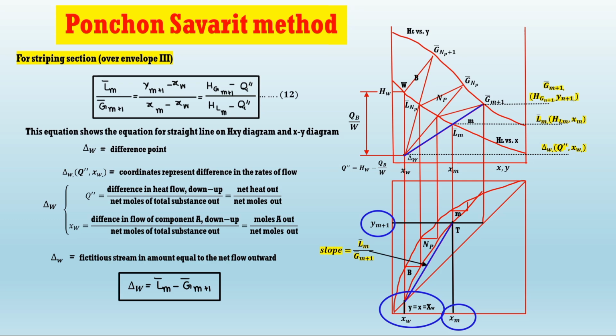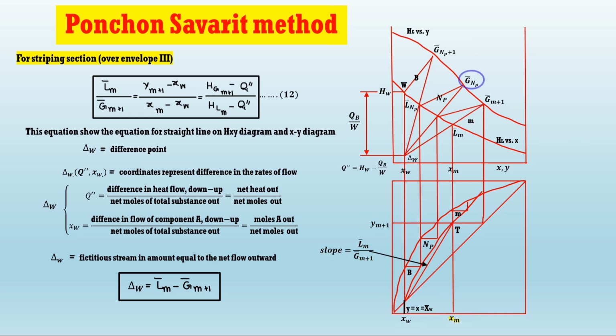So the equation 12 applies to all trays of the stripping section, such that the line on the enthalpy diagram from G_NP+1 to delta W intersects the saturated liquid enthalpy curve at L_NP, where G_NP+1 represents the vapor leaving the reboiler and entering the bottom tray NP, and L_NP represents the liquid leaving the bottom tray. Then, vapor G_NP leaving the bottom tray is in equilibrium with liquid L_NP and is located on the tie line NP.